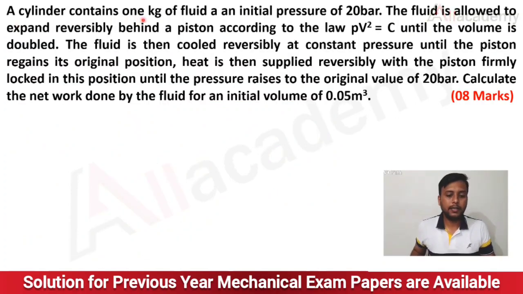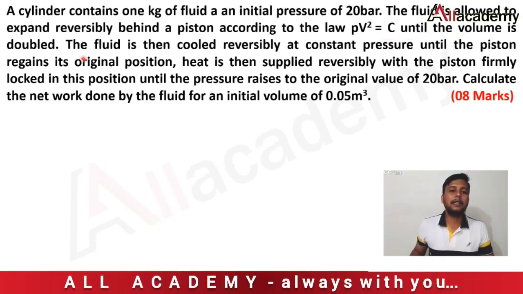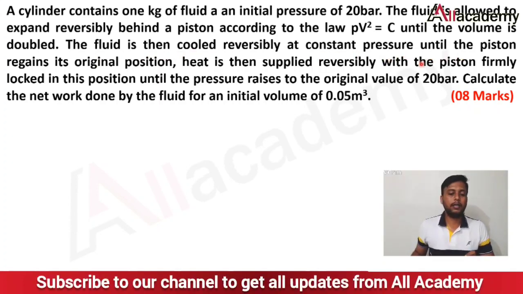A cylinder contains 1 kg of a fluid at an initial pressure of 20 bar. The fluid is allowed to expand reversibly behind the piston according to the law PV squared equals constant until the volume is doubled. The fluid is then cooled reversibly at constant pressure until the piston regains its original position.